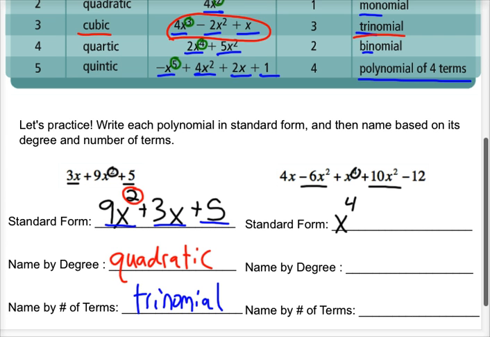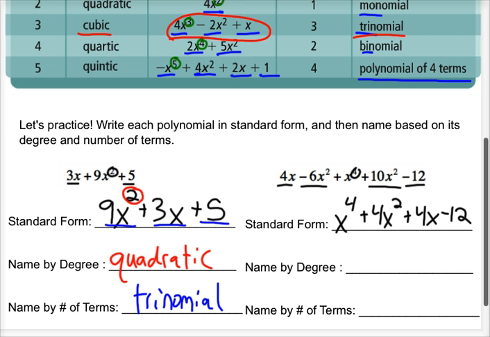That's kind of the other piece we need to be considering here, is when you see the same exponent referenced more than once, that means you're looking at like terms. So I want to combine those to be 4x squared. I have negative 6 of them and 10 of them, so that combines to 4x squared. So the next largest is the x term, so 4x, and then finally the constant at the end.